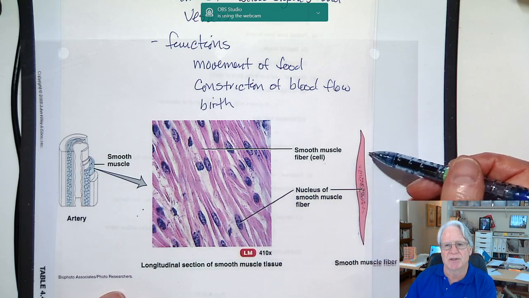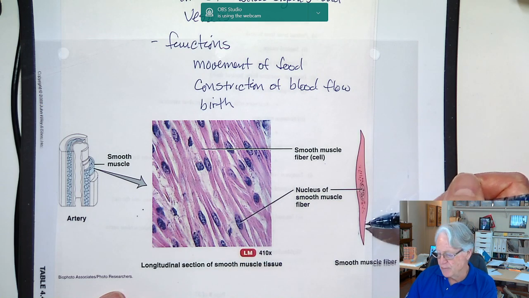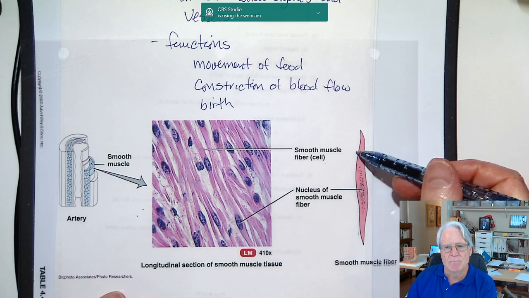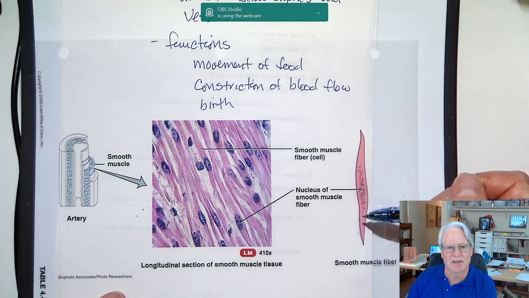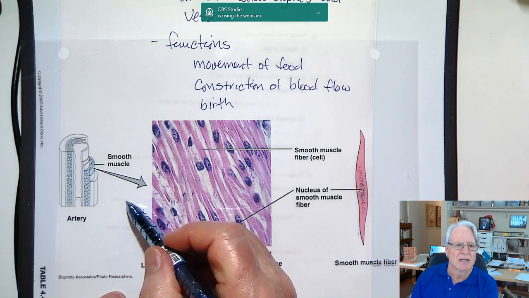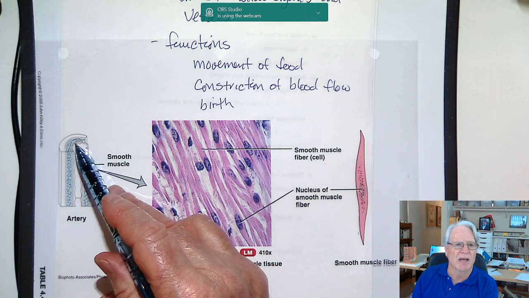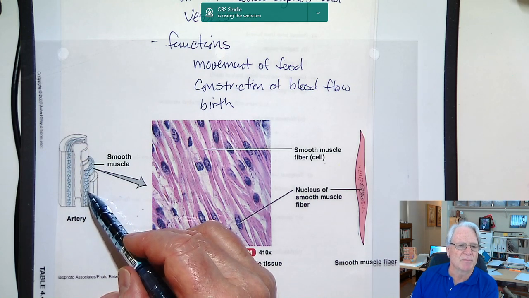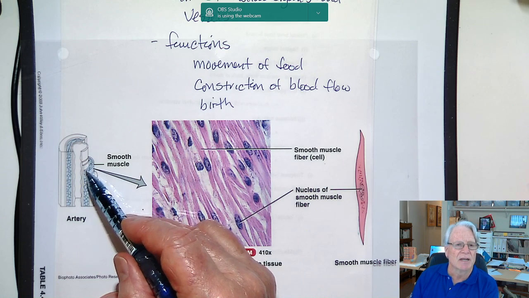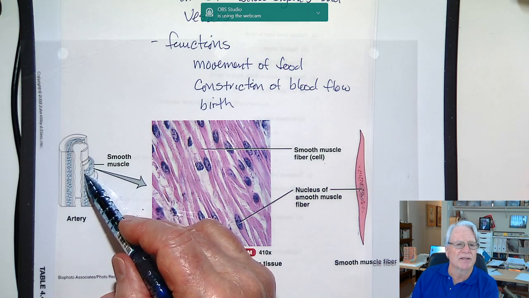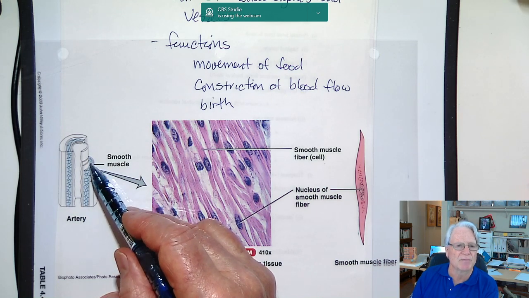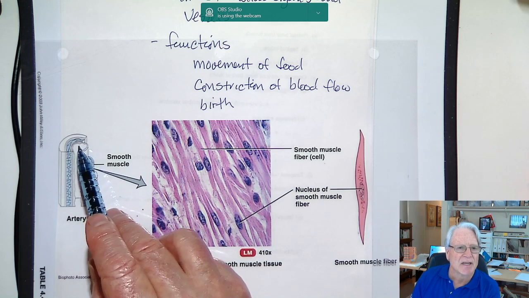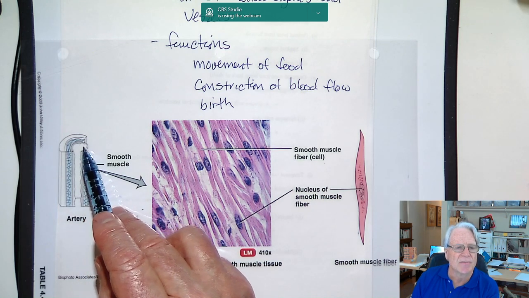And you get these spindle-shaped cells, so they're involuntary spindle-shaped cells with a single nucleus. And the reason we have this would be looks like it might be a muscular artery. And this wall of smooth muscle can be stimulated to constrict and reduce the size of the lumen.